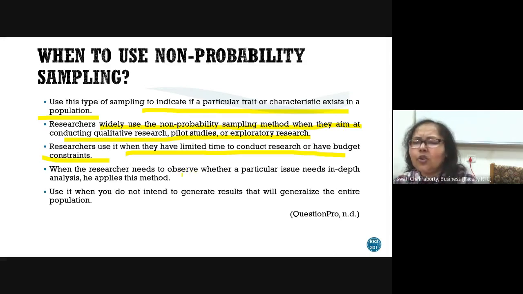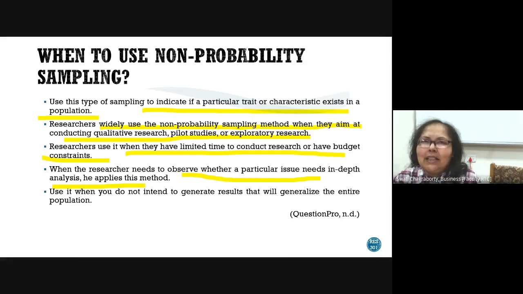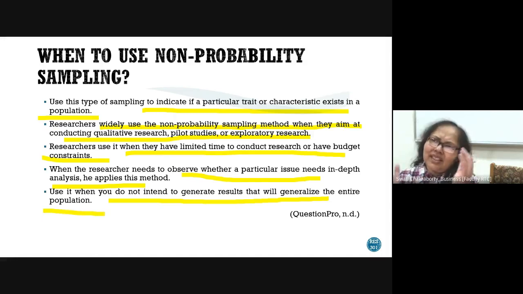When the researcher needs to observe whether a particular issue needs in-depth analysis, further analysis is needed. When you need to do an in-depth analysis, that's when you need it. It's also used if you do not intend to generate results that will generalize to the entire population. If it's case-based, right? You don't want to know about the entire population. You don't have to generalize it.